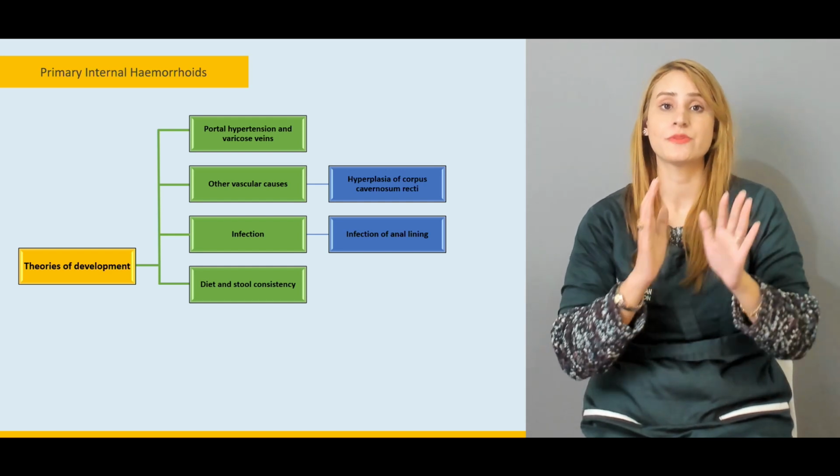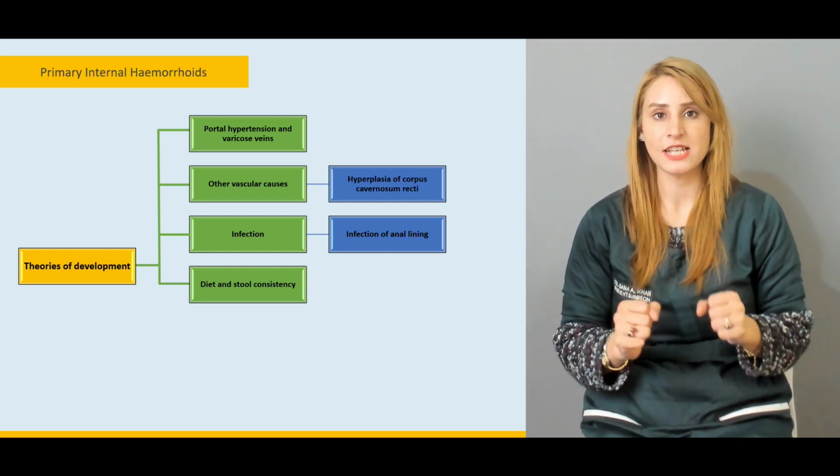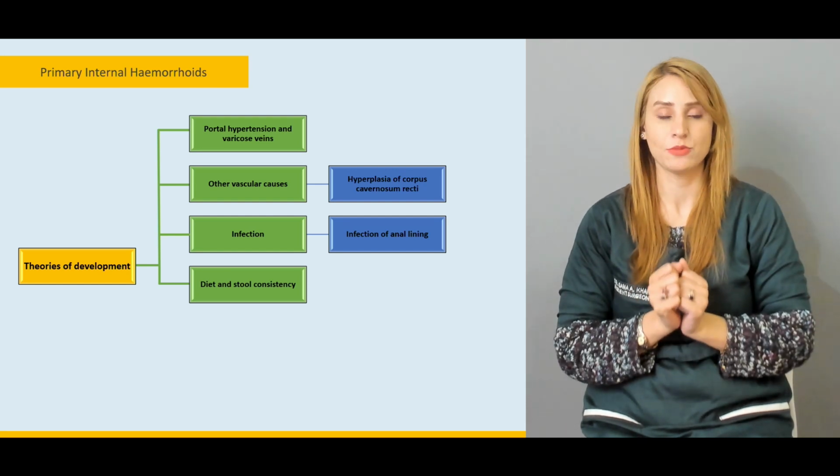This is the most important concept to be grasped when you're discussing hemorrhoids, right?